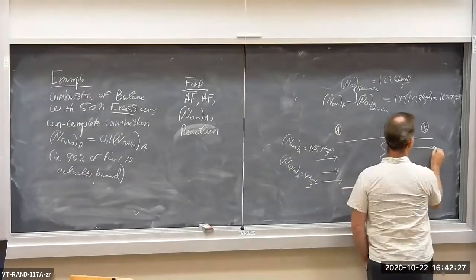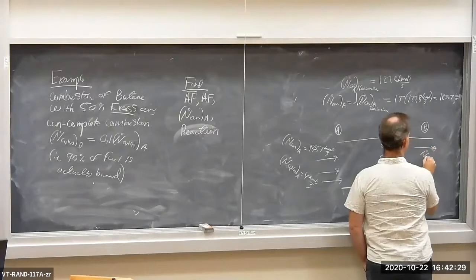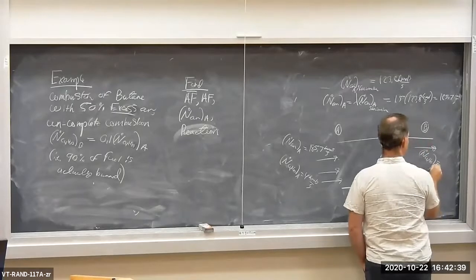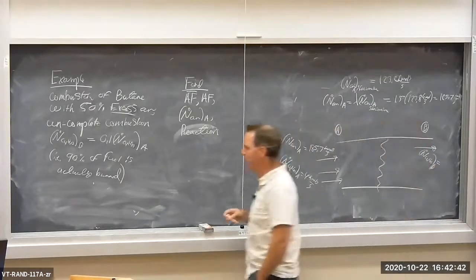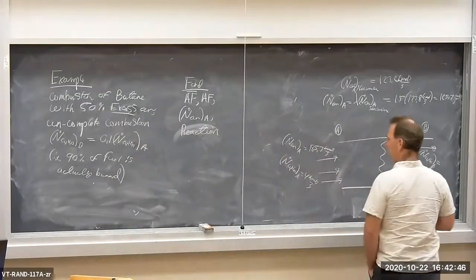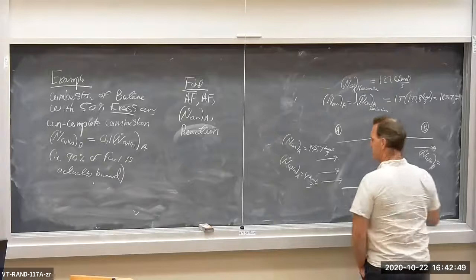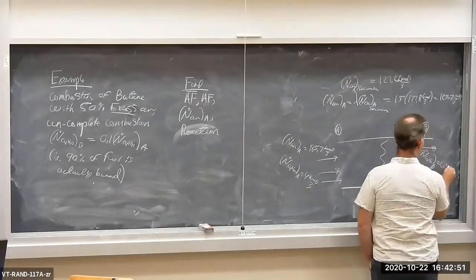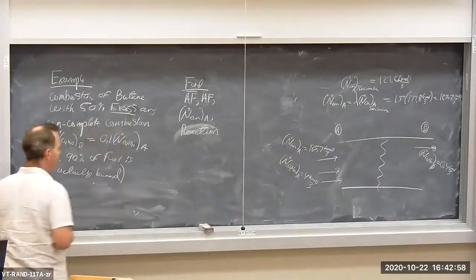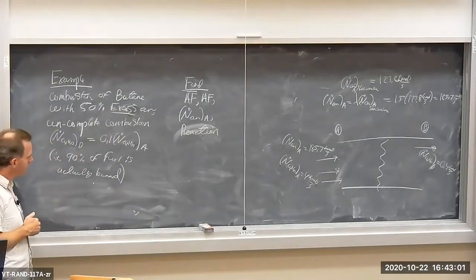So at the outlet, N dot C4H10 on the product side is going to be 10%. 10% of 4 kilomoles is 0.4 kilomoles per second. Only 10% remains unburned in the products, okay?